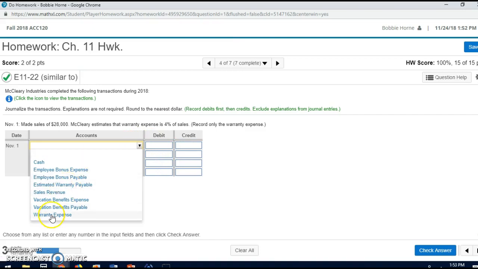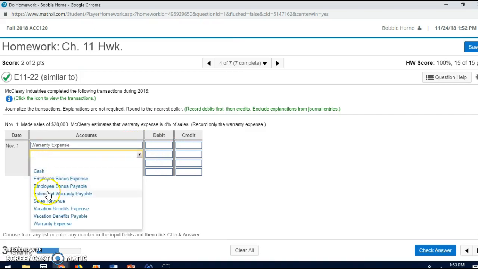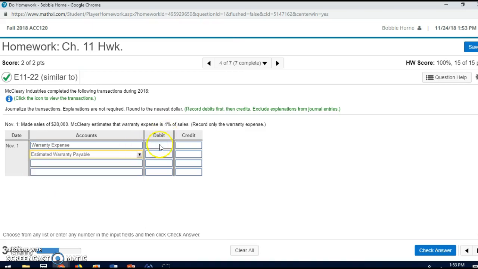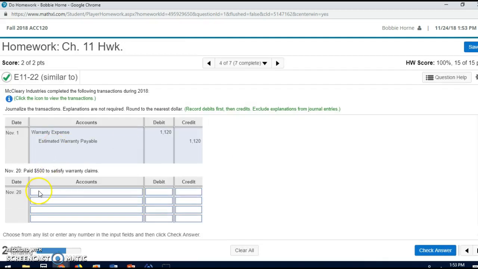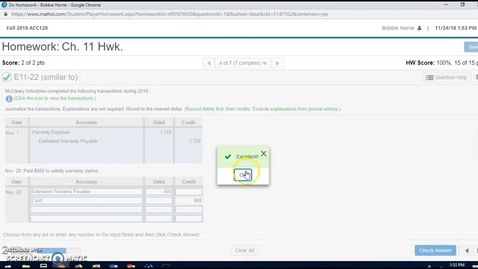And then this is going to be warranty expense and estimated warranties payable for the 11/20. And then when we actually pay some of the warranty, we're going to credit cash and decrease the liability because we're actually paying on it.